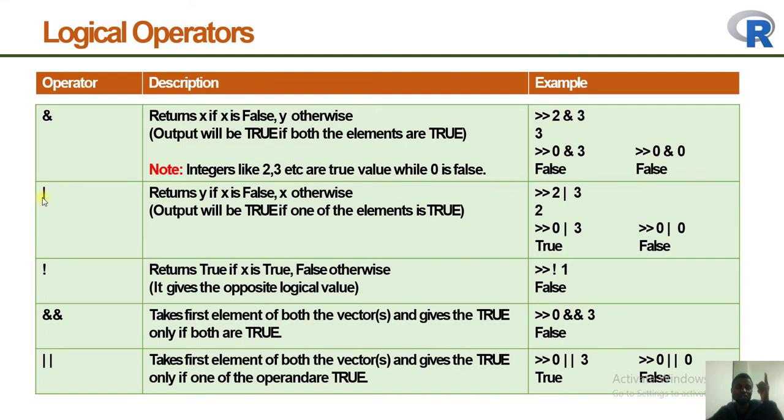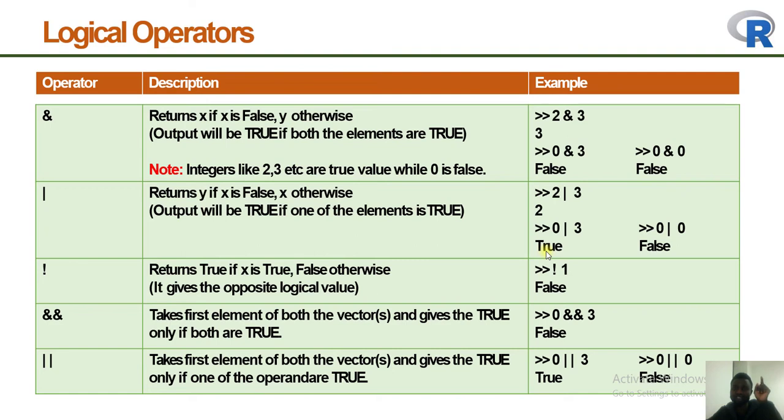So this is the OR condition. The OR condition is quite different. Output will be true if one of the elements is true. As long as one is true, the output will be true. So here we have 2 or 3. Here both of them are true, so we are expecting true. Here it is false or true, 0 or 3. We are having true.